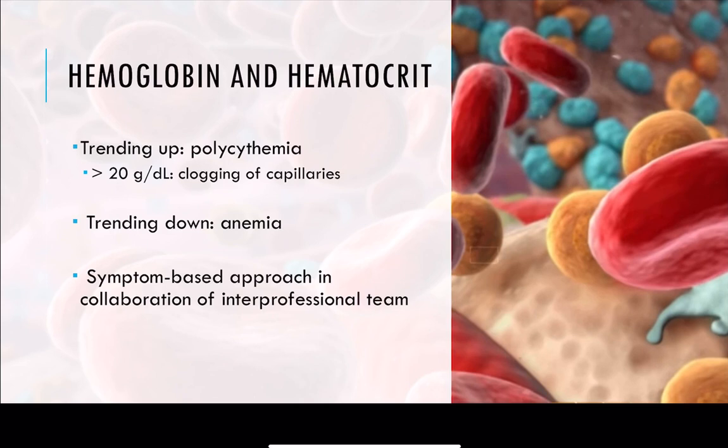Now, in general, it'd be very unlikely that polycythemia would be a reason that you wouldn't treat someone. So it says in your notes, the blood is more concentrated. There's a chance that you could get some clogging of capillaries because there are so many cells to volume. But in general, it's rarely a stop to treatment.